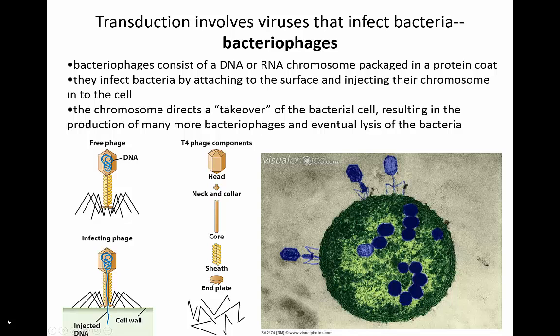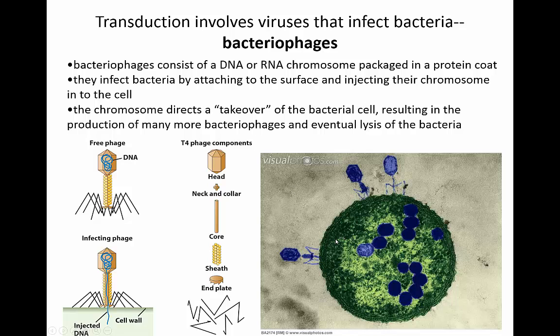Bacteriophages generally have either an RNA or a DNA genome in a protein coat, and when a bacteriophage infects a bacterium, it lands on the surface of that cell and will inject its DNA into the cell.